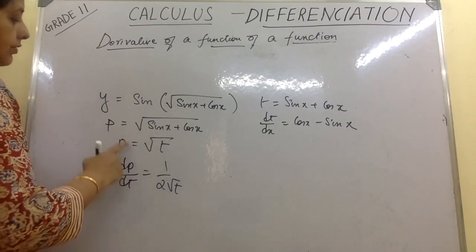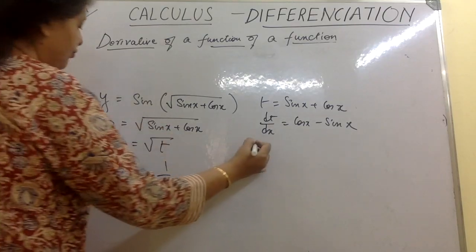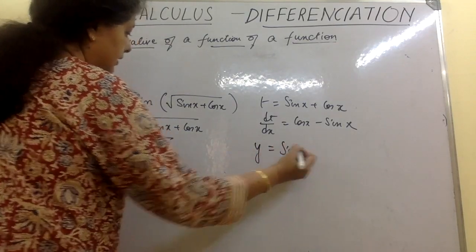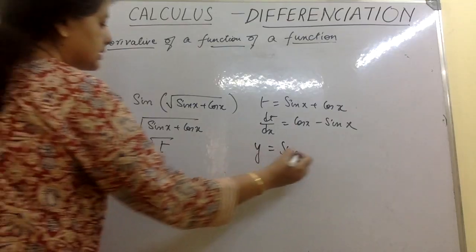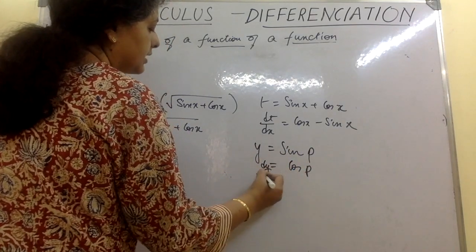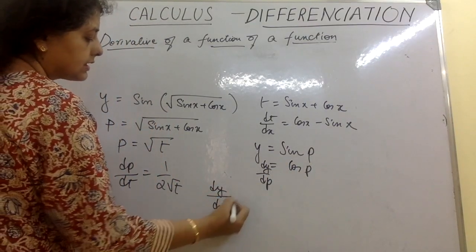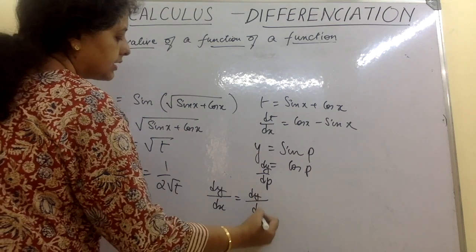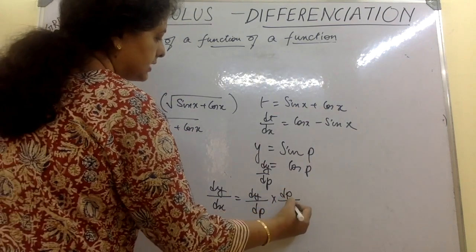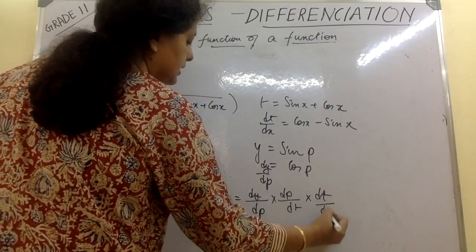And now y is equal to sin, and this full thing is p, which is sin p. dy by dp is equal to cos p. So dy by dx is dy by dp into dp by dt into dt by dx.